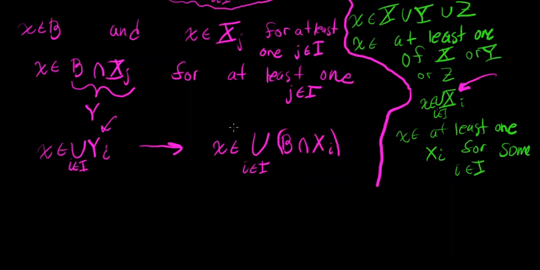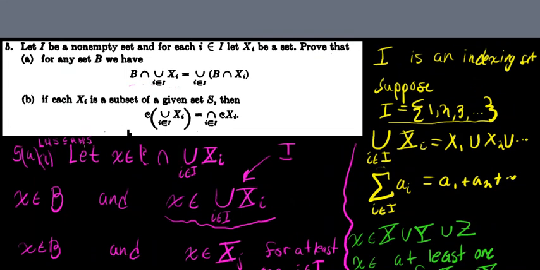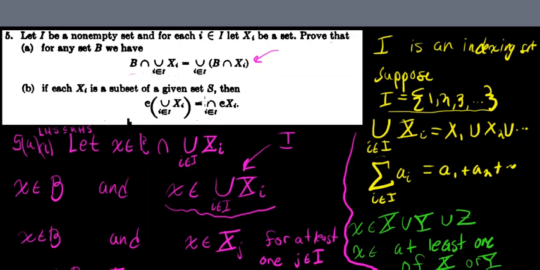We've shown the left-hand side set is a subset of the right-hand side set because we've just shown that this x must also be in the right-hand side set, the union of all i in I of B intersect x sub i.